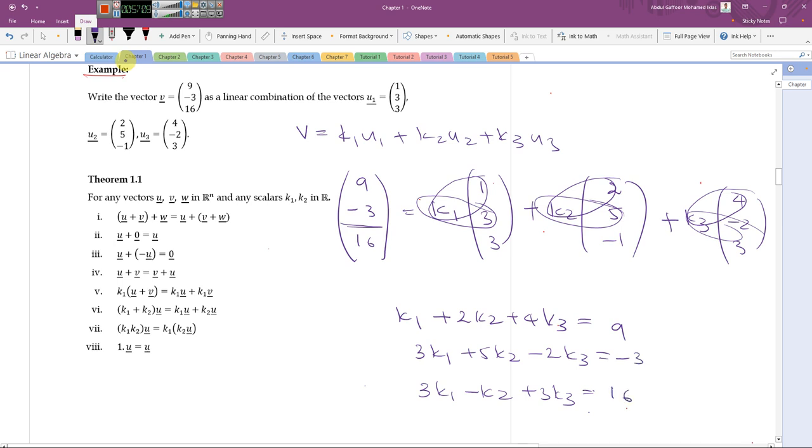Now we can enter the values: 1, 2, 4, 9; 3, 5, -2, -3; 3, -1, 3, 16.